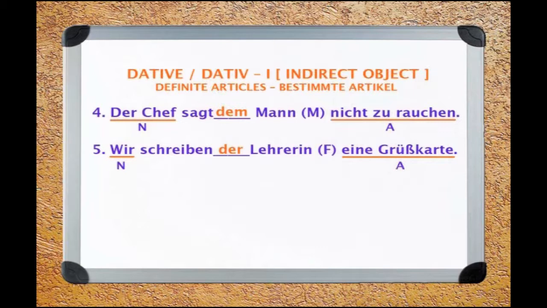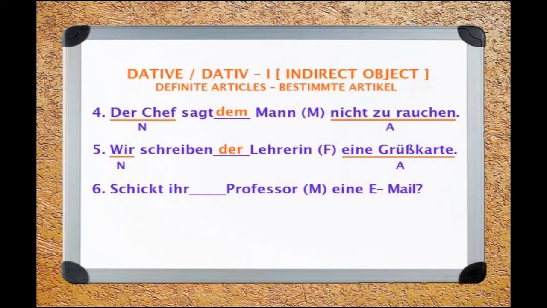Now let us look at sentence number 6. Schickt ihr Professor eine E-Mail? Here as you see, it is a yes or no question, because the verb is at the first position. Now schickt comes from the word schicken, which means to send. Now the verb is conjugated according to the pronoun ihr. So who sends? It is ihr. What?